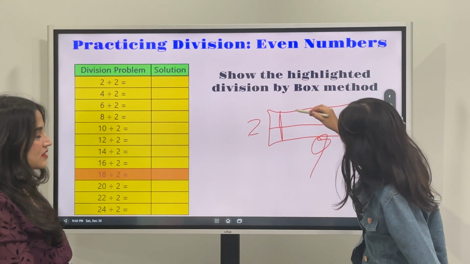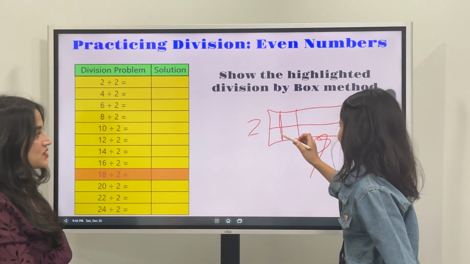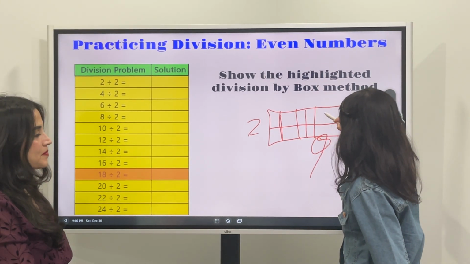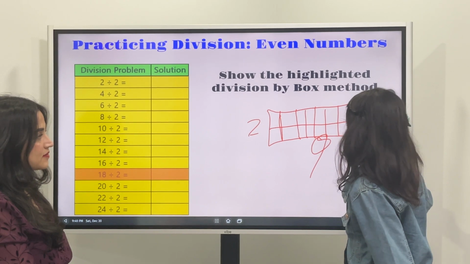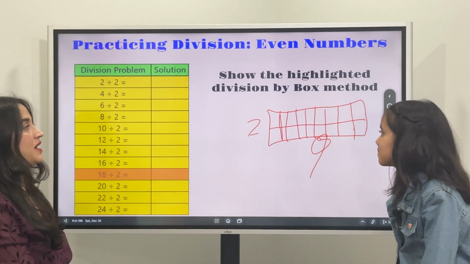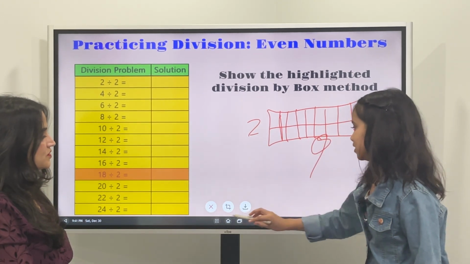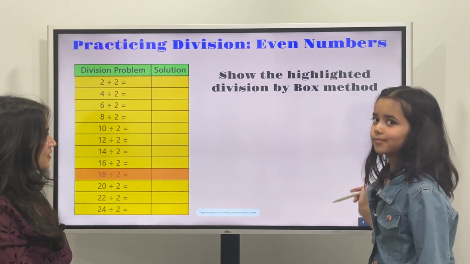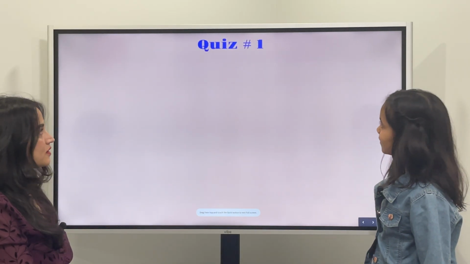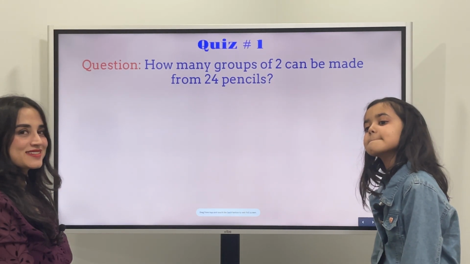So 8 lines: 1, 2, 3, 4, 5, 6, 7, 8. So 18, right? And this all has 18. If you want to count, pause the video. You can practice more at home with your parents.